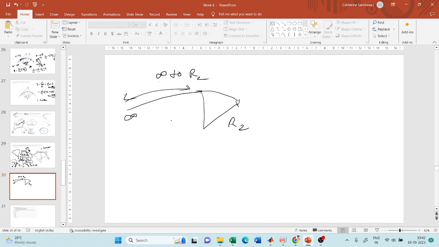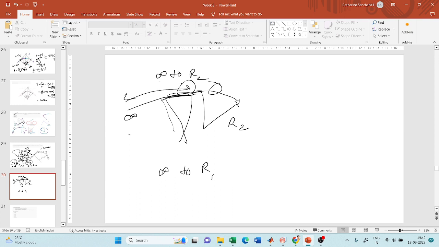Now for compound curve, already the radius of r1 has been introduced here, right? So infinity to r1 has already been done, and r1 is maintained in this horizontal curve. Now I simply have to change from r1 to r2.